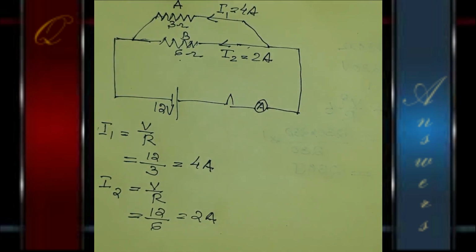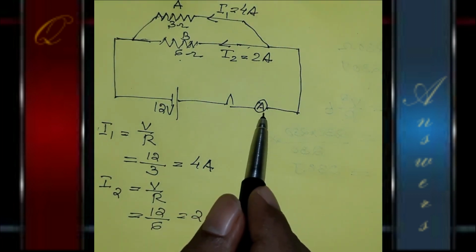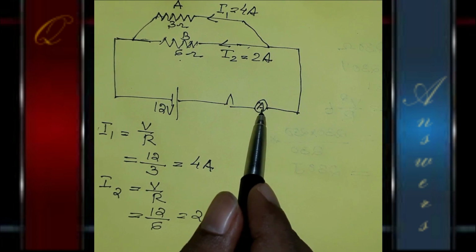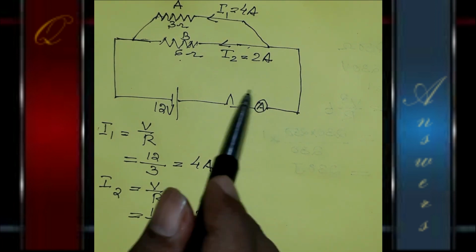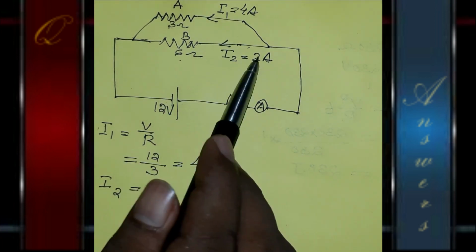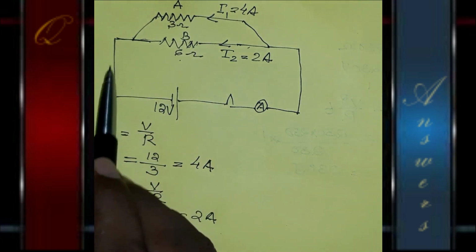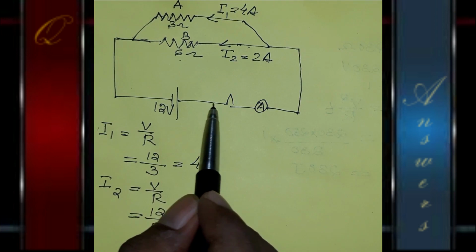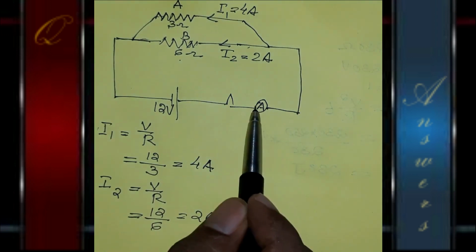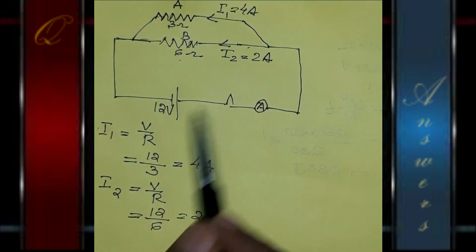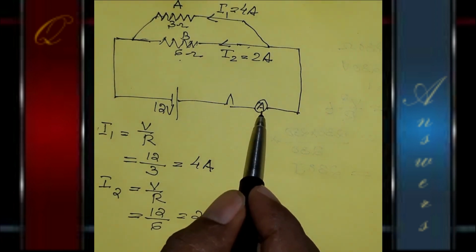Now the next question is, what is the ammeter reading? The ammeter is connected here. So what is the reading? Which means that this 4 ampere and 2 ampere, these two currents will be joining here and flowing through this ammeter. So what is the reading of the ammeter?